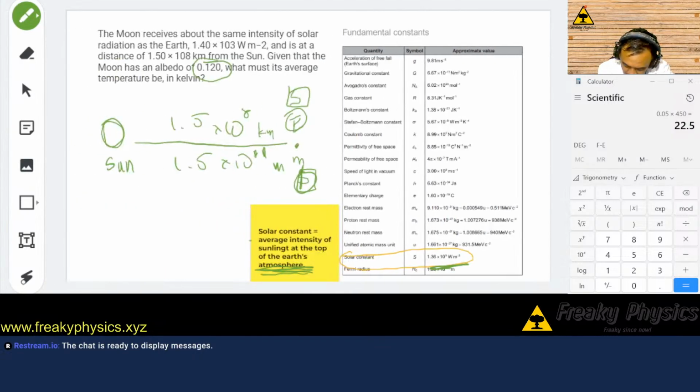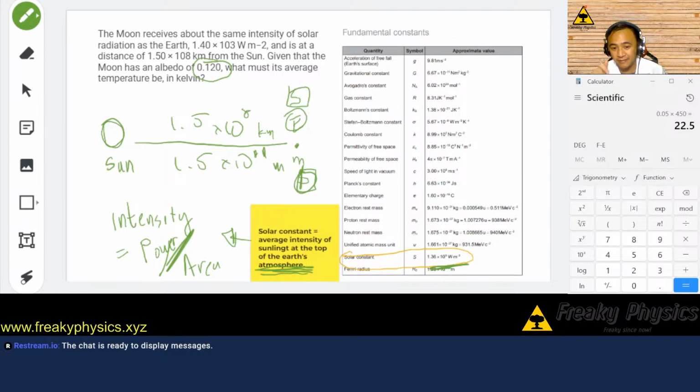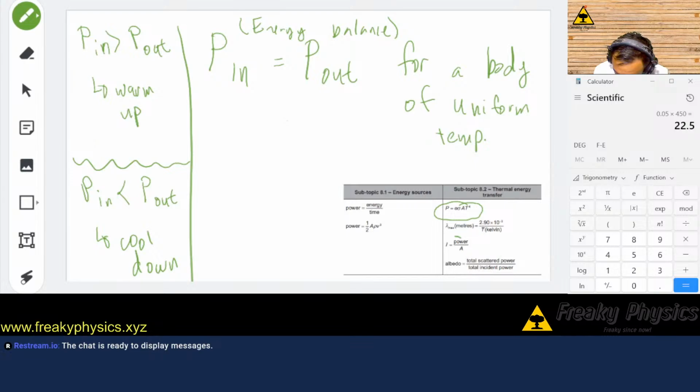This solar constant is basically an intensity. And we know that intensity is defined as power over area. So the incident power of light, to be specific, divided by the area on which it is incident. It's actually also mentioned right here.